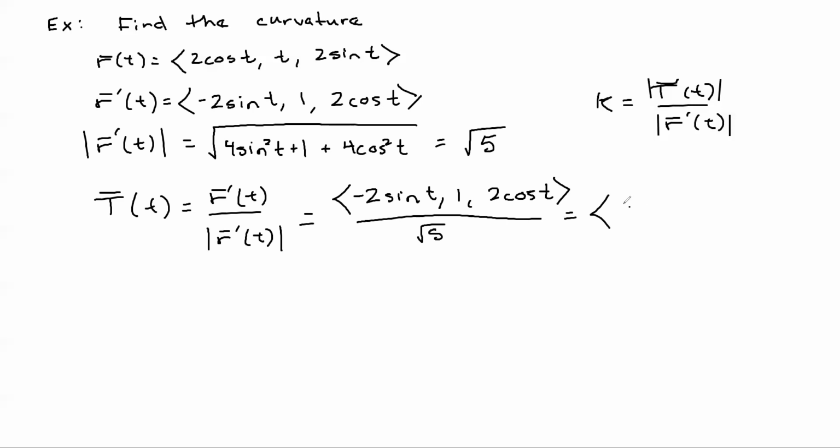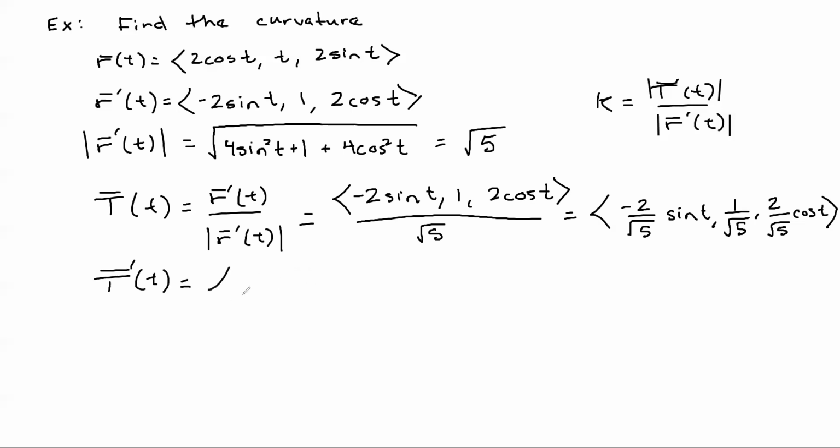So this is negative 2 over root 5 sine t, 1 over root 5, and 2 over root 5 cosine t. And once we have the unit tangent definition, we need to differentiate it.